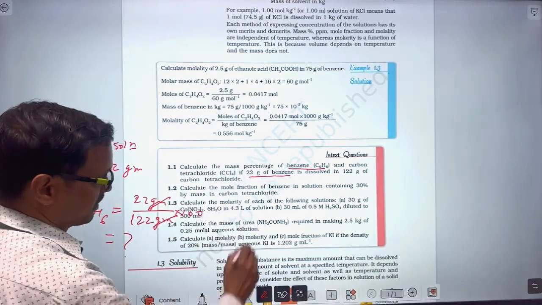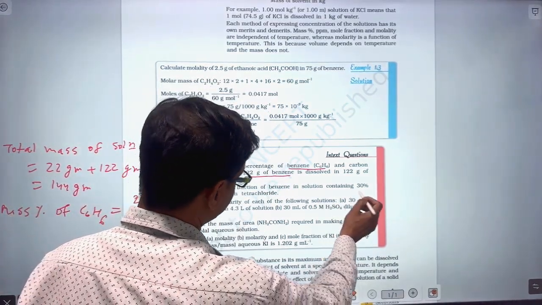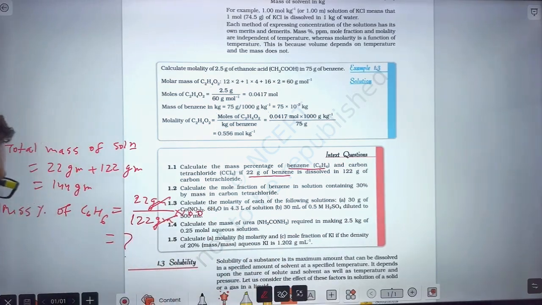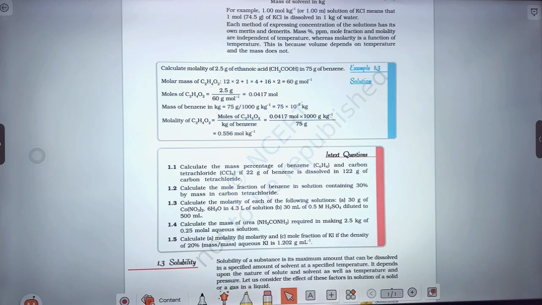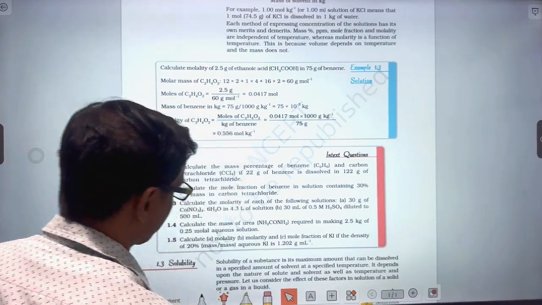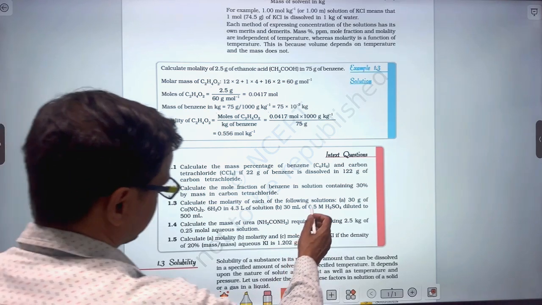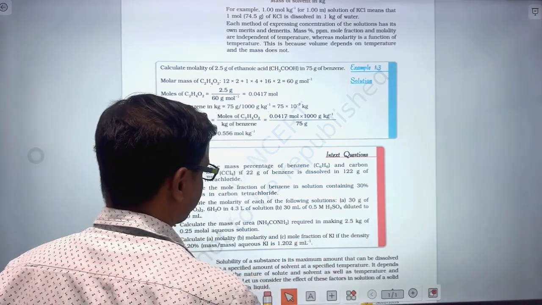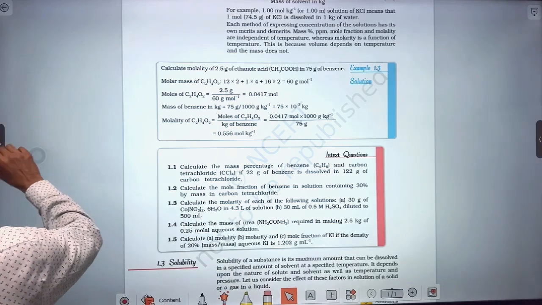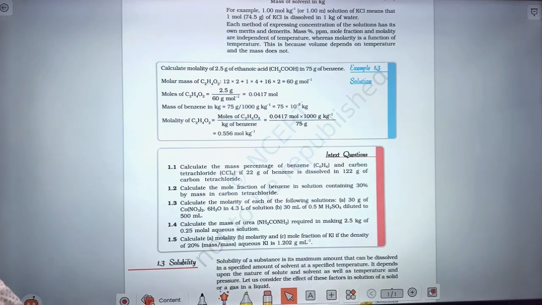Calculate mole fraction of benzene in solution containing 30% by mass in carbon tetrachloride. About that we will have to discuss. Let's see. You will have to find the mole fraction of benzene, and the mass percentage of benzene has been given as 30.